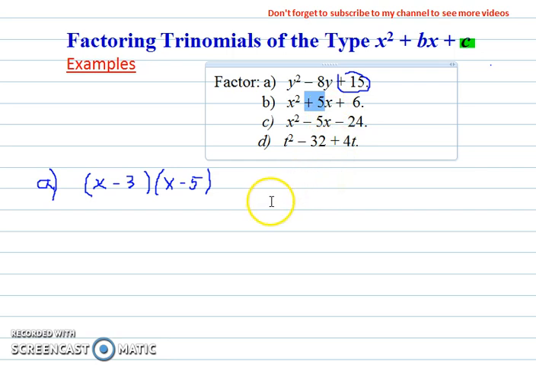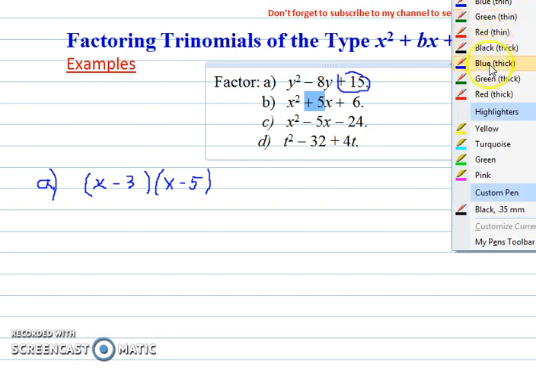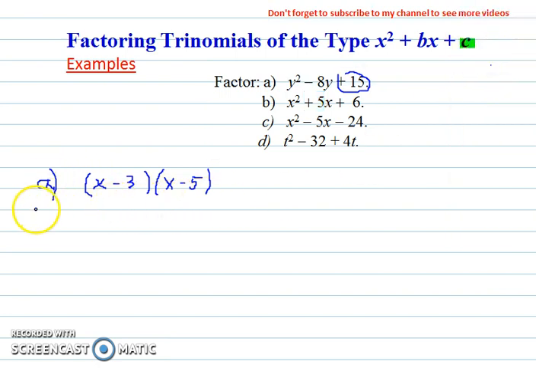So we expect at this point to use two positive factors. The factors will be x plus a number and x plus another number. I'll let you think about it.